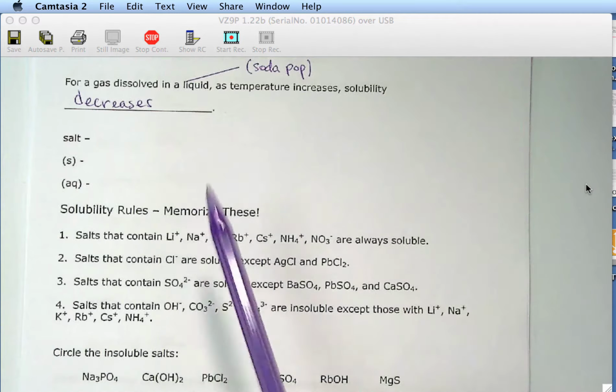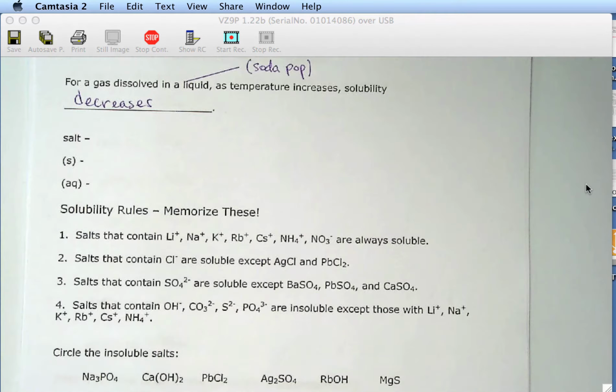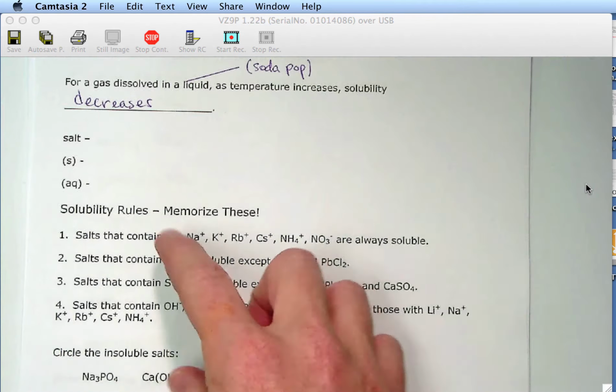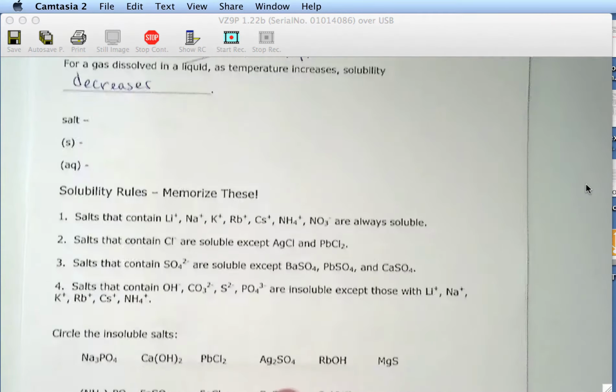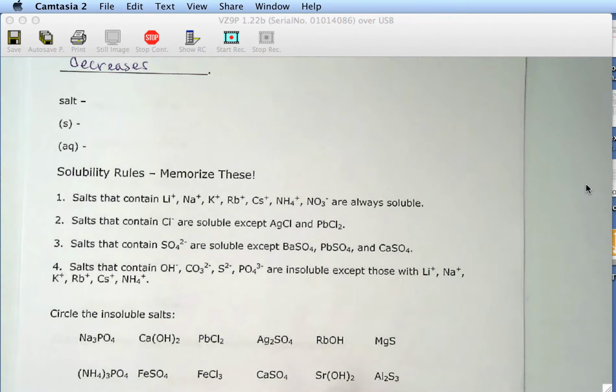But all right, we are continuing our discussion of solutions, and one of the must-do things in Unit 5 is these solubility rules. A lot of times students say, no, I don't want to memorize those, but it is really hard to do well on your exam in Unit 5 if you don't know these solubility rules.